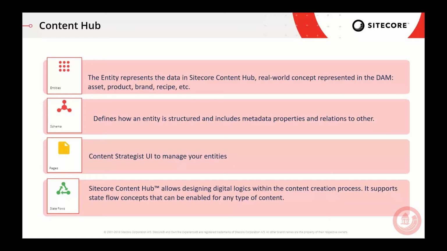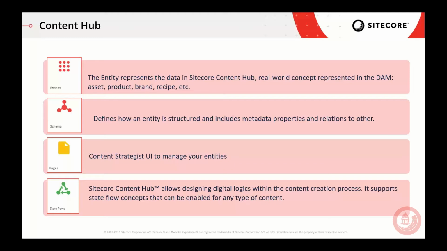We start thinking about how we want to structure the properties of a particular content. This all will happen at the developer level or maybe a strategist level. But to make life easier for a content strategist or content manager, Content Hub provides an option of pages, which helps them to change, update, remove, or make any changes in the entities through a very easy to use UI. So that's a very important feature that we have.